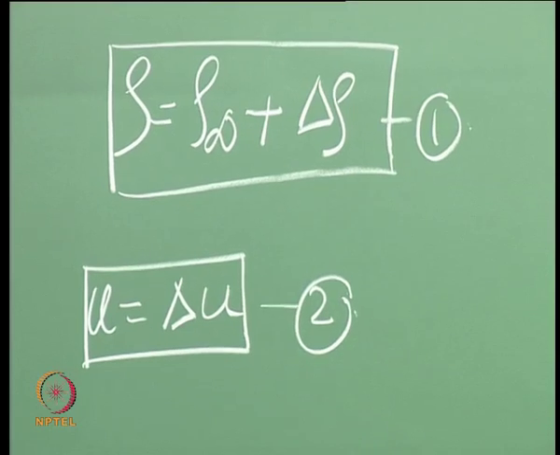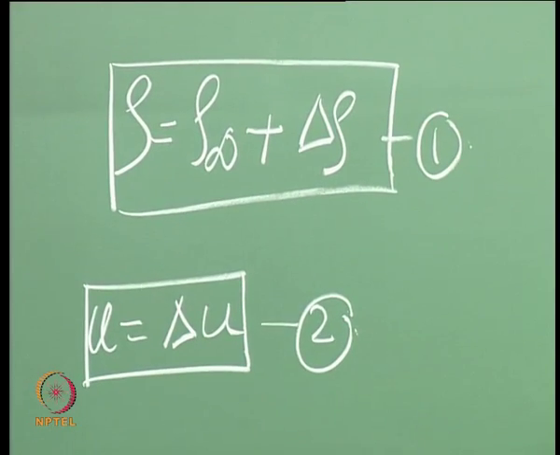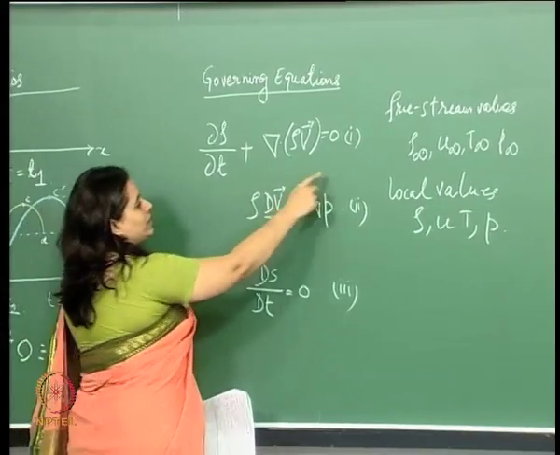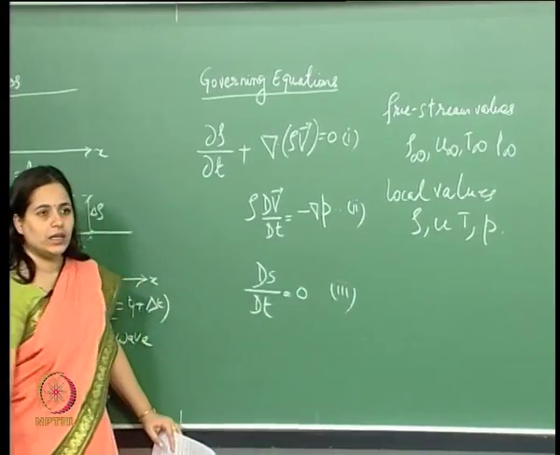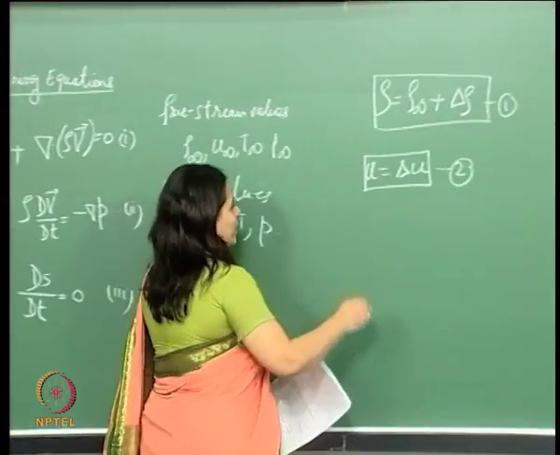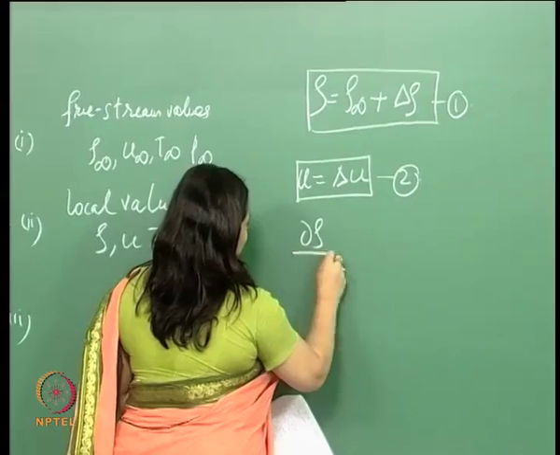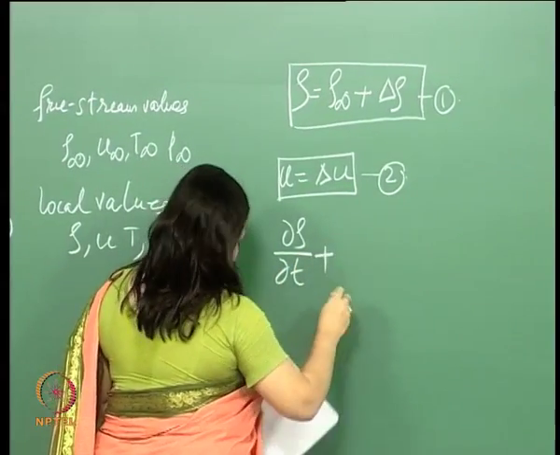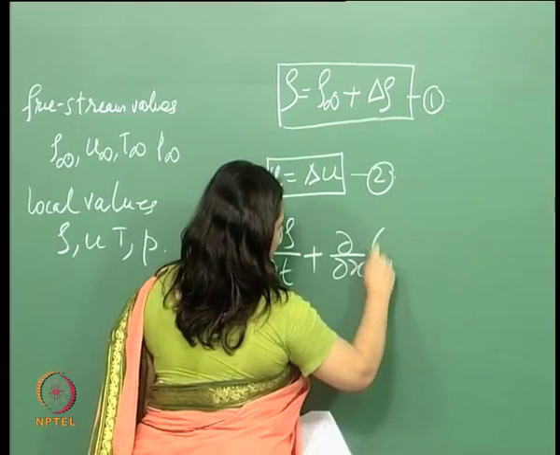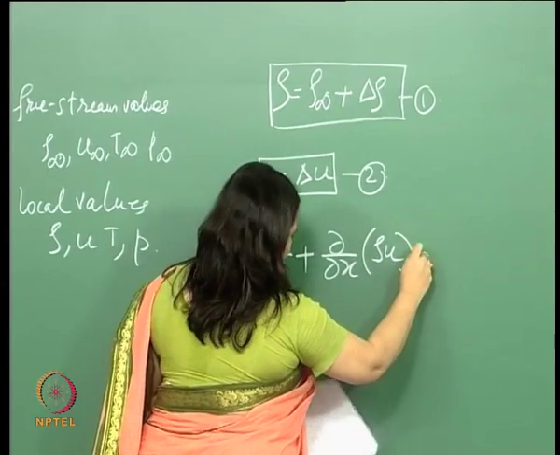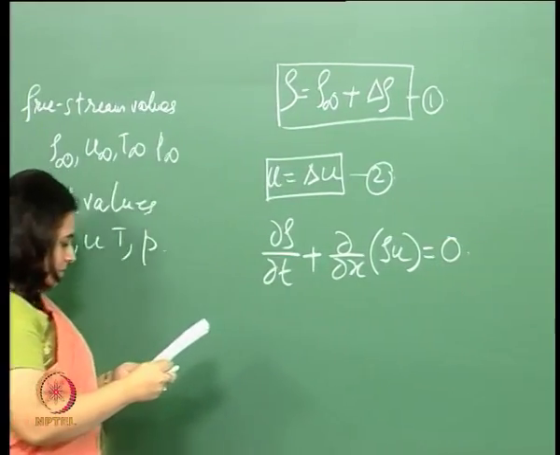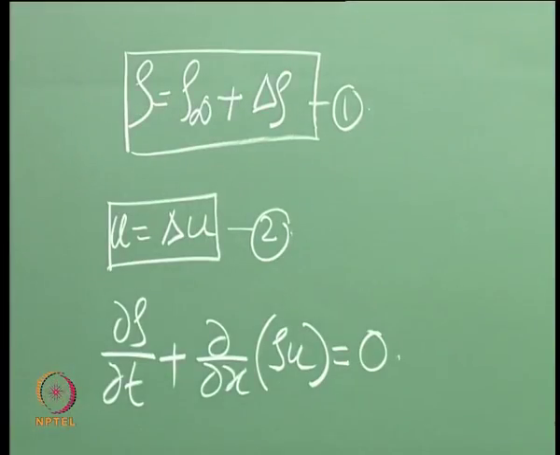Okay. So, now let us go ahead and take the continuity equation given in this one and write it in the x direction. So, if I do that, what I get is this, right.